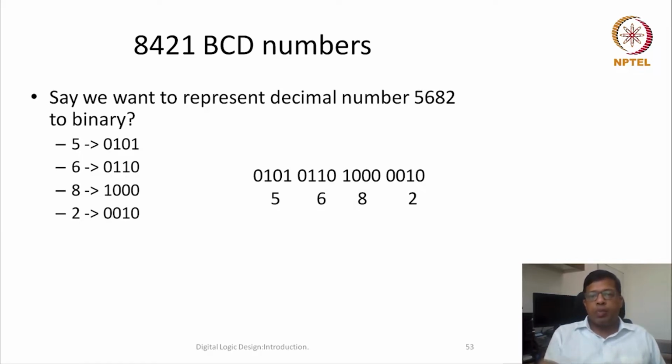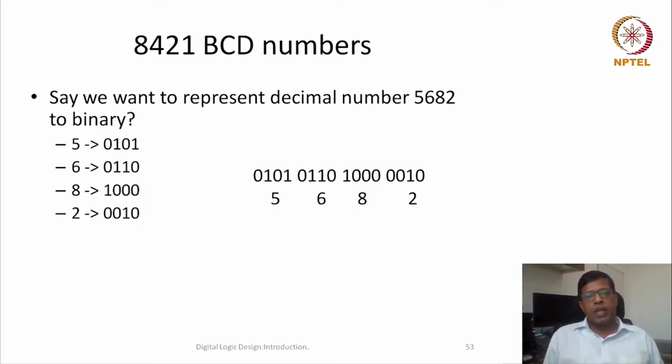Now one more interesting thing here is that using 4 bits we can have 16 different combinations. So which of the 16 combinations should be mapped to each of the 10 symbols we have in decimal? That's also a good question.